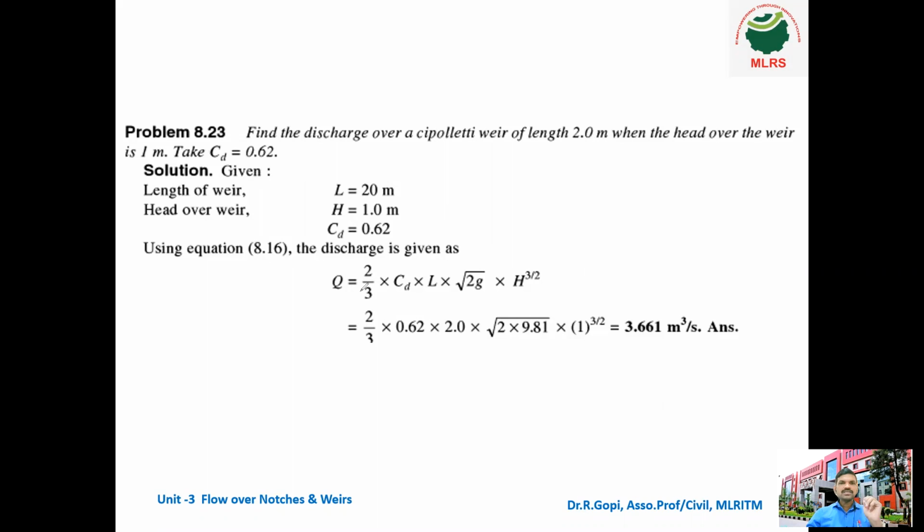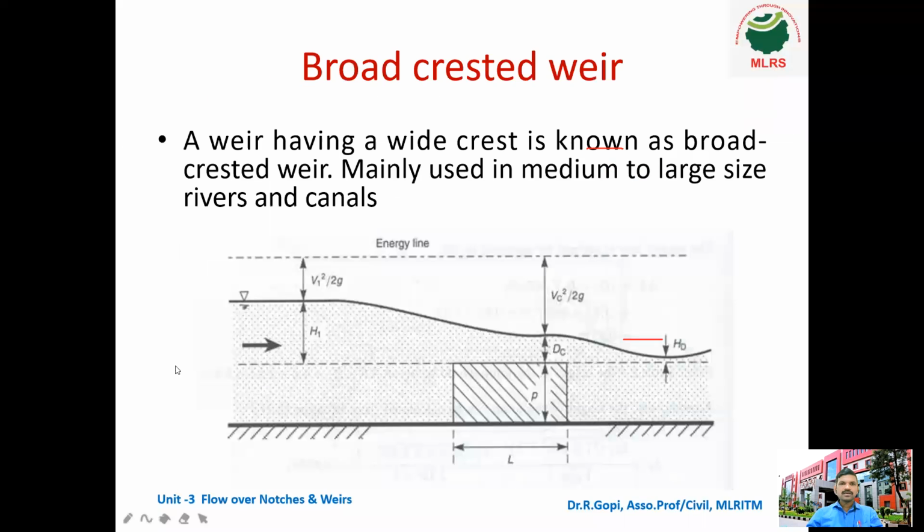So the equation of discharge is given by 2 by 3 Cd L root 2g h power 3 by 2. So 2 by 3 into Cd, L is 2 meter, and root 2g into h power 3 by 2. H is 1 meter. Okay. So substitute, we can get 3.661. Okay.